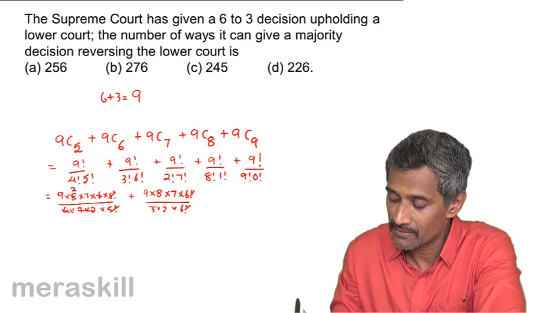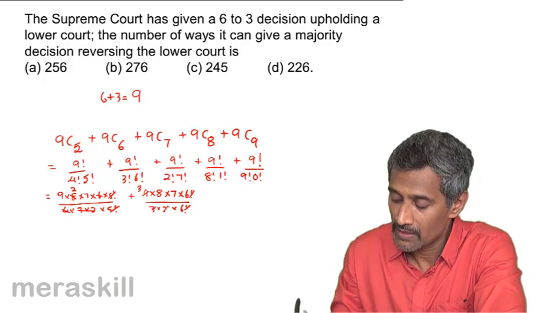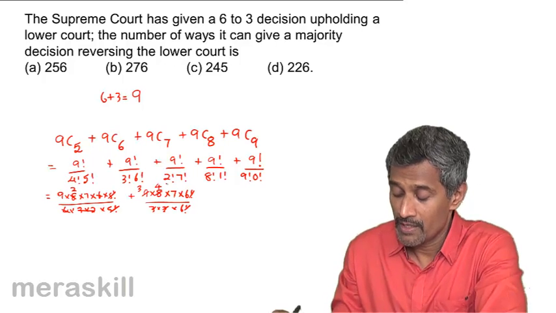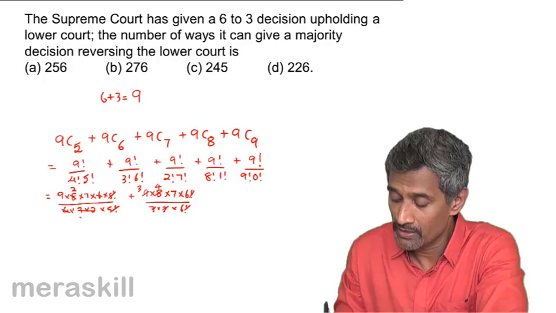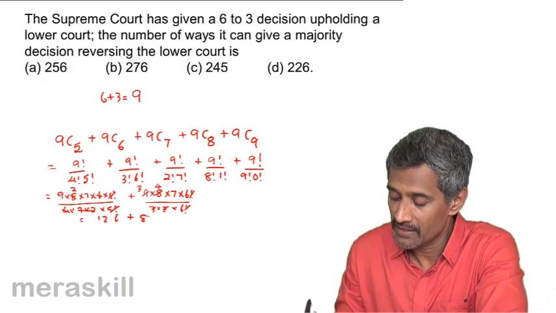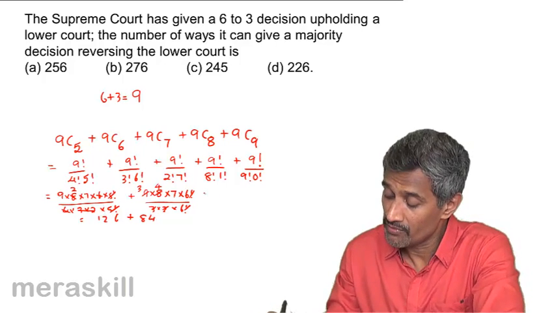This gets cancelled. This will become 3, 4, and hence this will turn out to be 126.